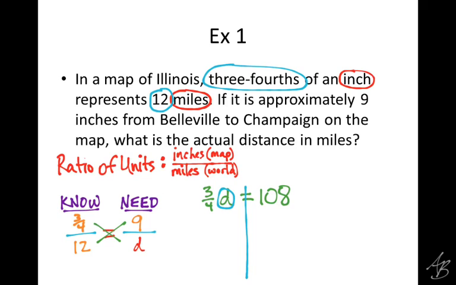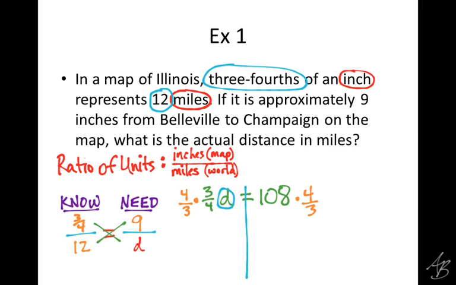So instead of dividing by 3/4, I'm going to flip it and multiply by 4/3. Now what's going to happen here by doing that is the 4 on top cancels with the 4 on the bottom, the 3 on top cancels with the 3 on the bottom. So it's going to cancel out that 3/4 just like we want it to. However, since I multiplied by 4/3 on the left, I have to multiply by 4/3 on the right.